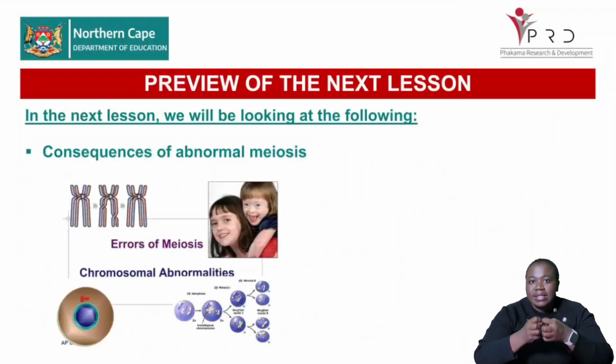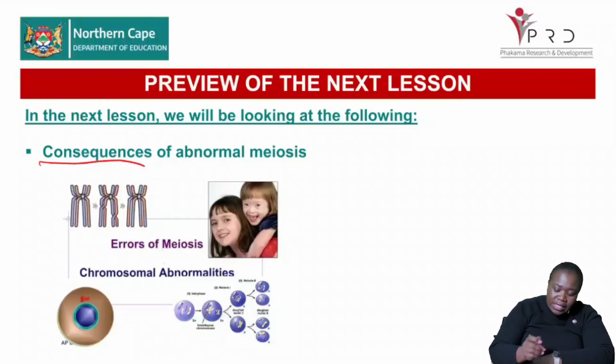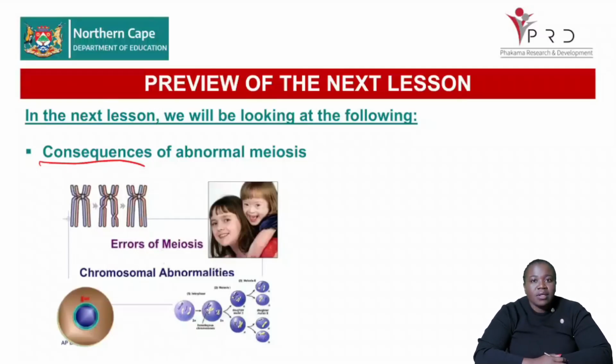When these errors happen, what are the consequences of that? We are going to look at what happens if meiosis takes place abnormally, and the results of these abnormalities. We will look at things such as Down syndrome, which can result if there are some errors during meiosis.